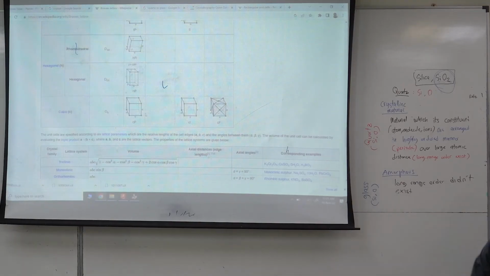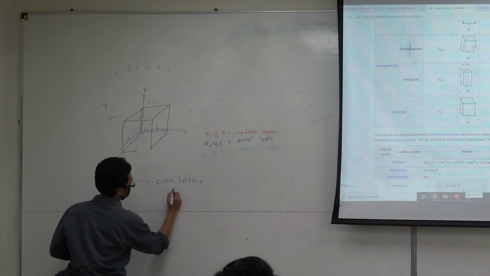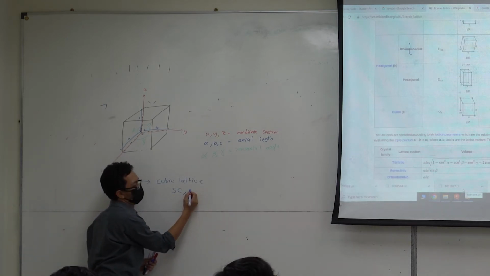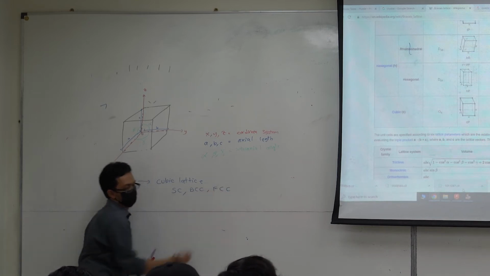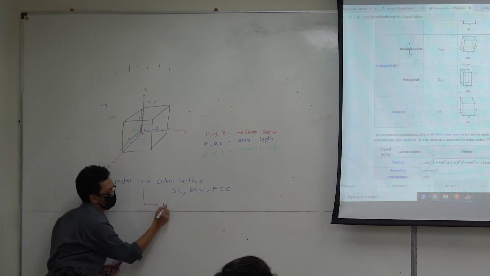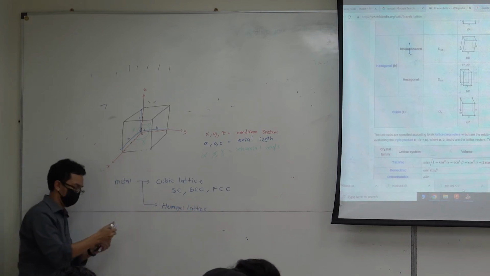But for now, it is enough to know there are 3 types: simple cubic, body center cubic, and face center cubic. Metals normally have a cubic lattice or hexagonal lattice. We will not discuss hexagonal, but we will talk about the cubic.